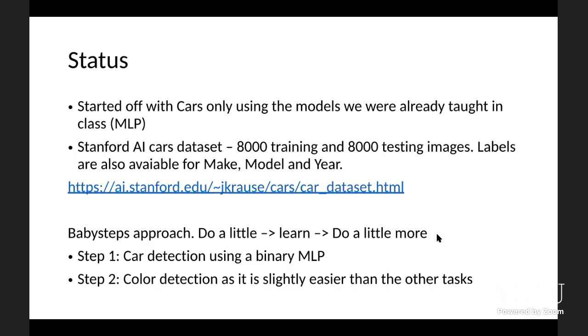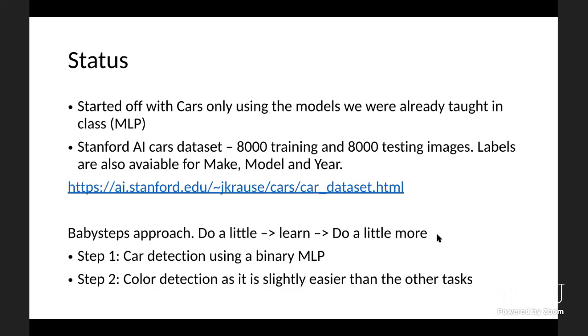So what we have done so far is a baby steps approach because I started from ground zero. I didn't really have any background in ML. I started with car detection, which means I'll train my model for cars. If I show a test image to my model, it'll be able to tell if it's a car or not.